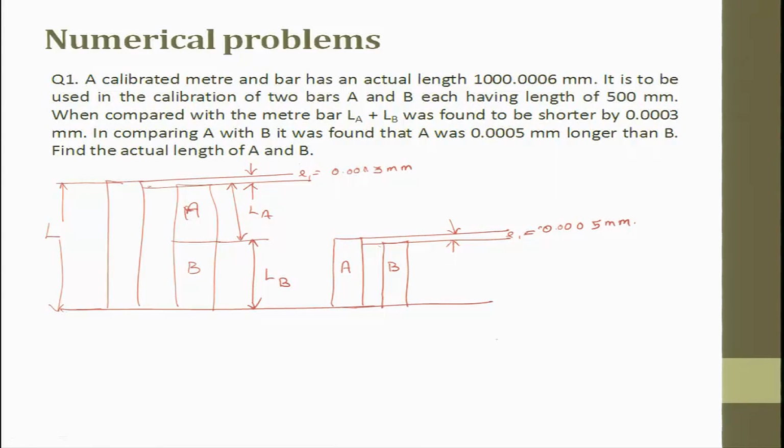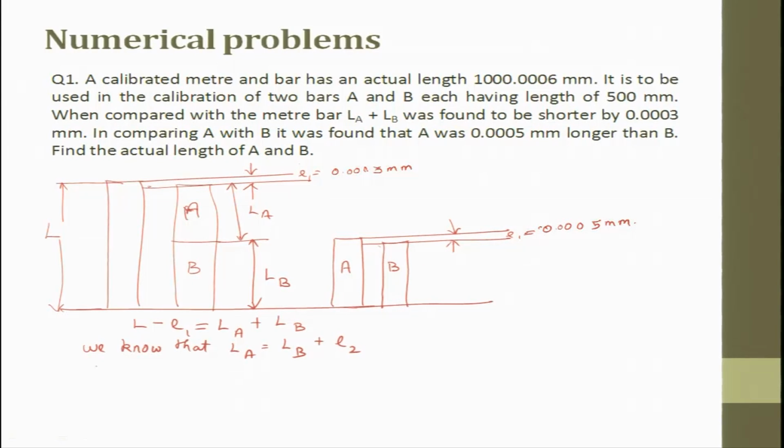So now what we have to do? From all these figures, we know that L minus E1 equal to LA plus LB. We also know that LA equal to LB plus E2.